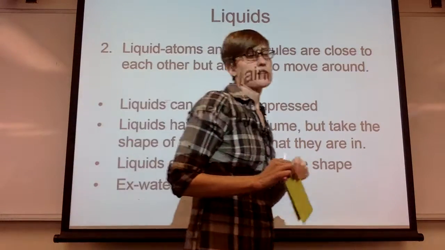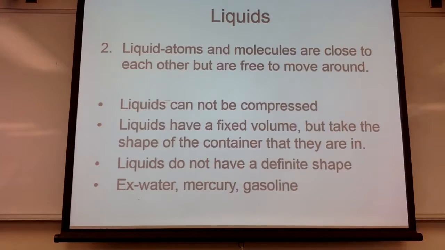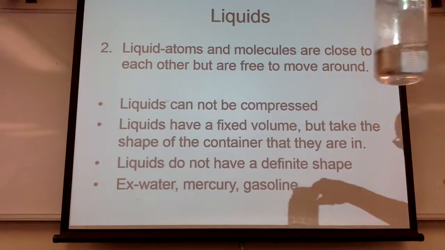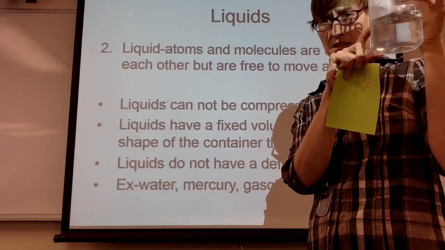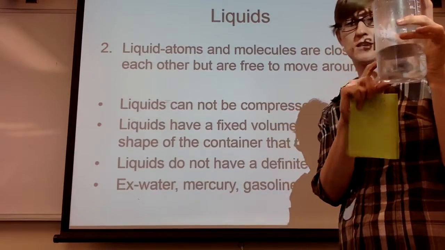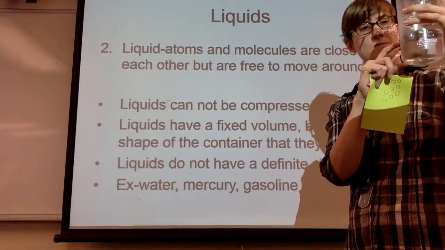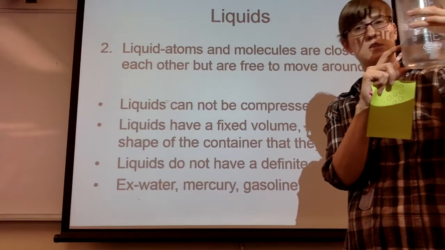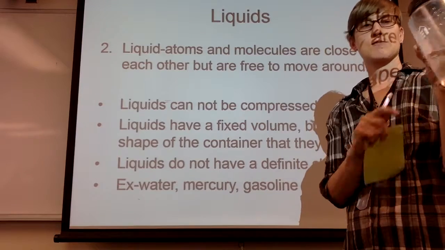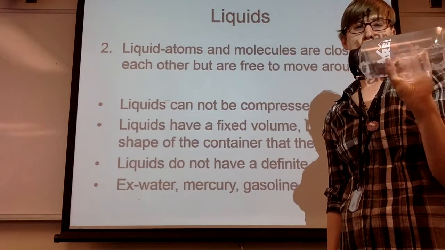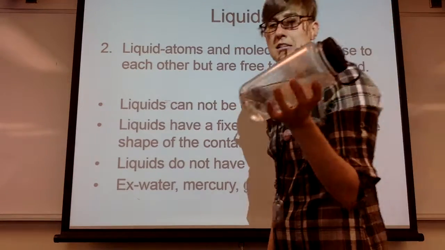Liquids cannot be compressed. Think about my water bottle here. I can't compress this liquid. I can't squeeze it any more together. And it has a fixed volume, but that volume can take the shape of the container. So if I turn my container, it's going to move with it. Some examples of liquids at room temperature are water, gasoline, and mercury.